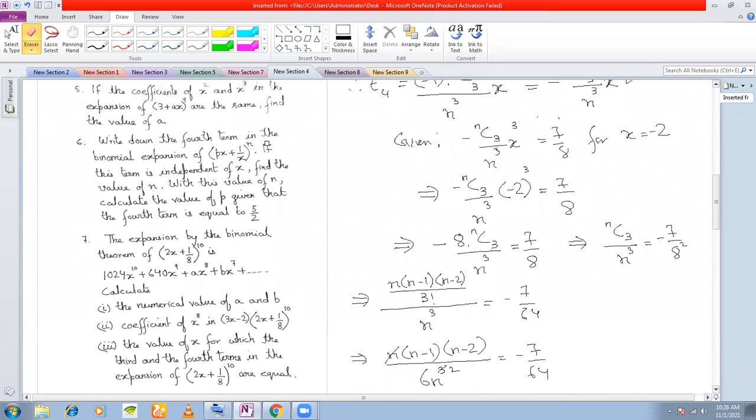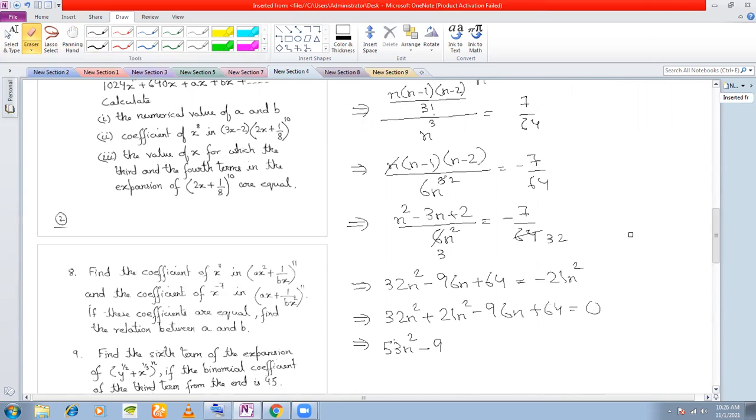You see here we have a minus sign and here also we have a minus sign, so all these minus signs will go, and we are only left with 21n square. So this becomes minus 21. So instead of 53, you'll get here 11n square minus 96n plus 64 is equal to 0.